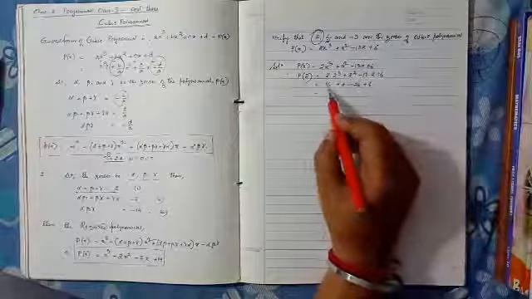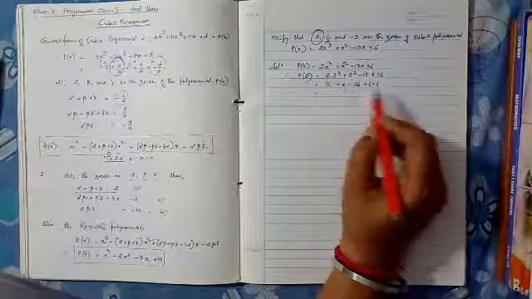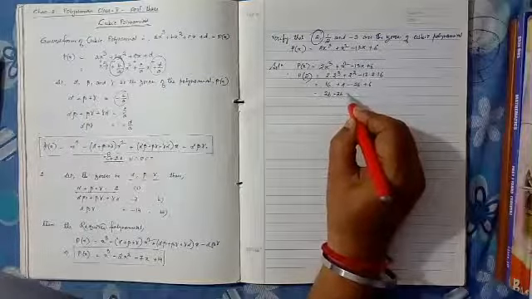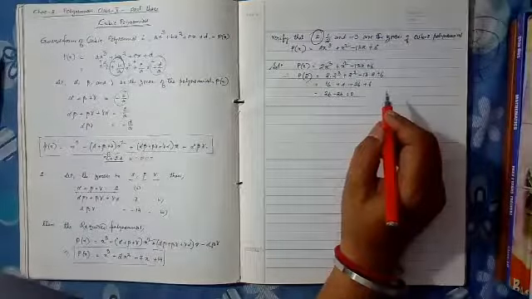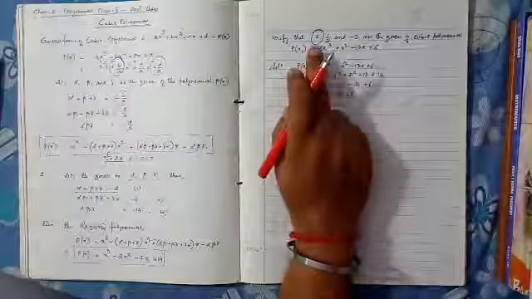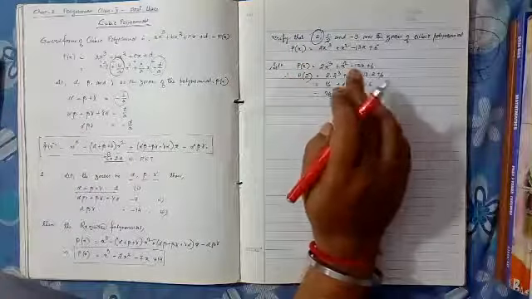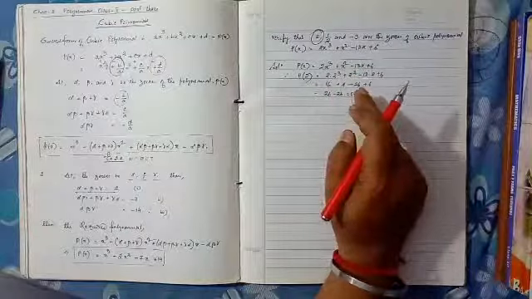So 16 plus 4 is 20, 20 plus 6 is 26, minus 26 is equal to 0. So for 2 the polynomial becomes 0. Hence 2 is one of the zeros of the polynomial.